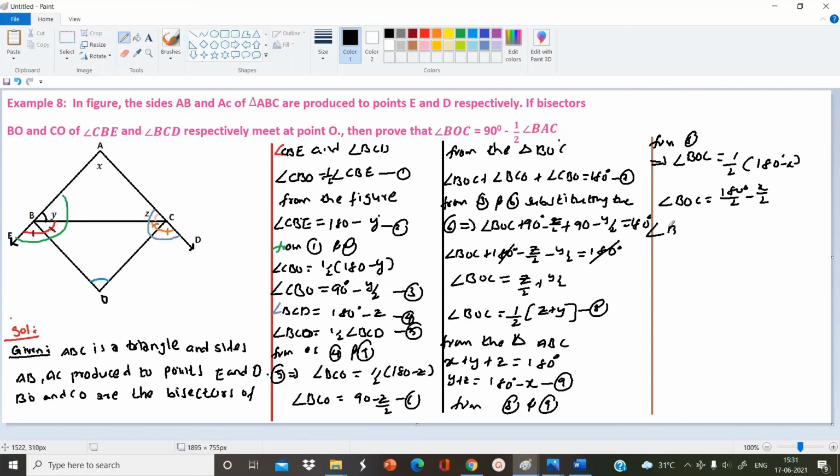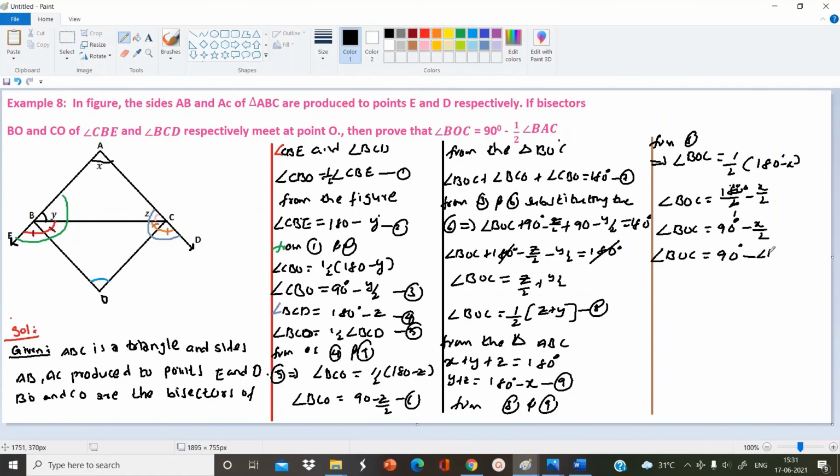Again, here is the x, and what is x? Angle BAC.